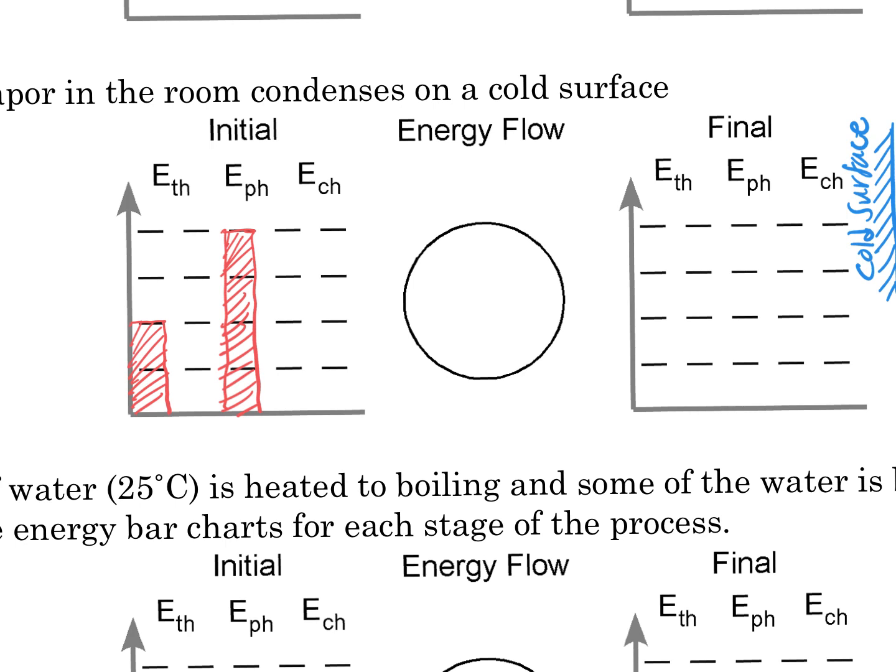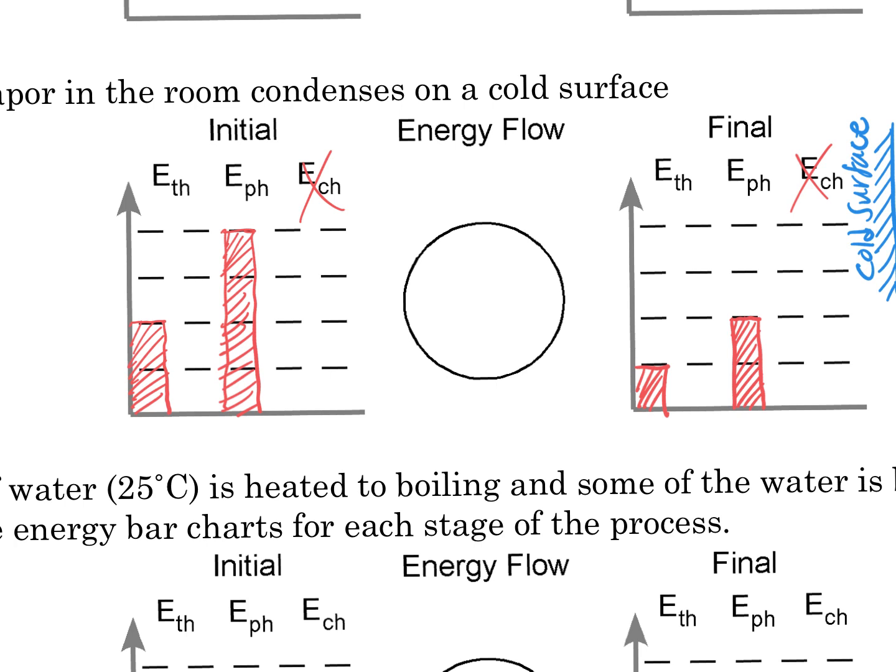And in the end, we decided that the liquid water is going to become colder because it's now attached to that cold surface, right? So ETH is now less than it was, and EPH is now at liquid. And we said before that we would say EPH of 2 bars means liquid. And of course, we're ignoring ECH. It's just not playing into any of this.